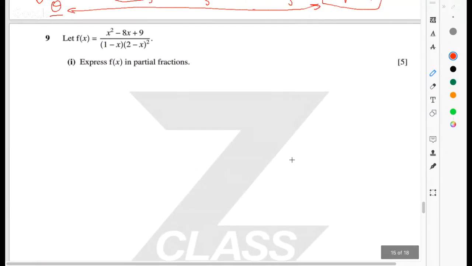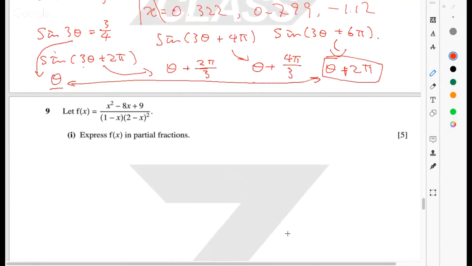Question 9. Express f of x in partial fractions. Well, this is again just quite a lot of algebra, and it's actually quite easy to get around.